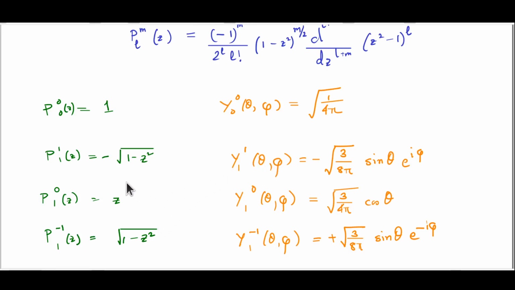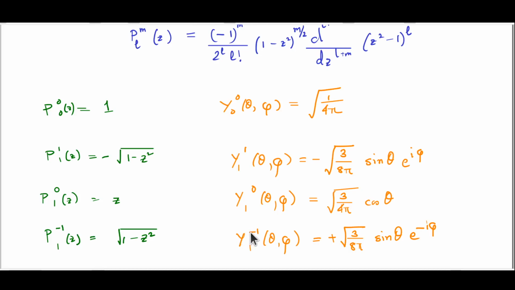Now, if you just use the fact that square root of 1 minus cosine square theta is sine theta and plug in the formula so that you can find out all the other factors involved, Y11 is minus root over 3 by 8 pi sine theta e to the i phi. Y10 theta phi is simply cosine theta up to a normalization factor of root over 3 by 4 pi.